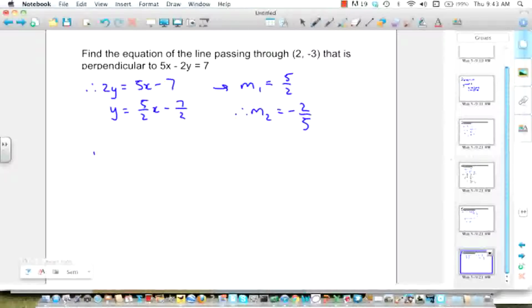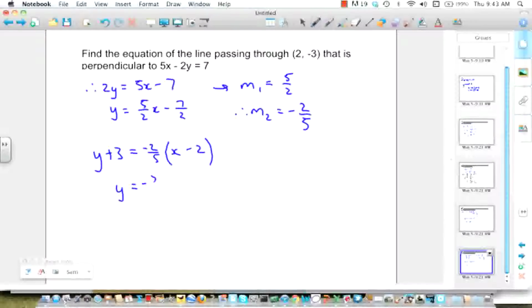Then straightforward, y plus 3, y minus y1 equals m, which is minus 2 on 5, outside of x minus x1. Which, if we do the fractions again, and unfortunately perpendicular lines invariably end up in fractions.